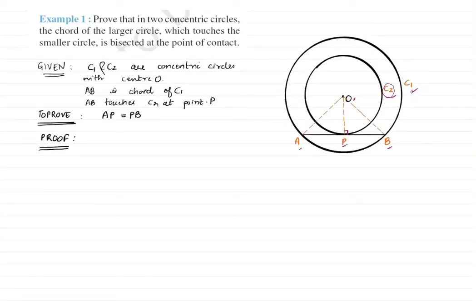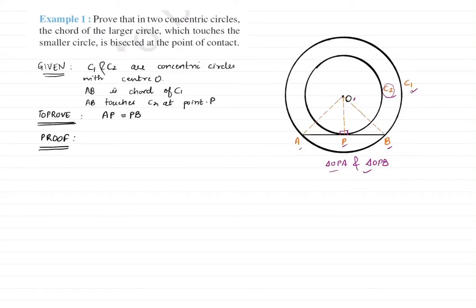Okay, right? So, by joining OA, OP and OB, we already have two triangles, triangle OPA and triangle OPB, right? Since OP is perpendicular to AB, now these triangles are right angle triangles, right? Now we have to prove that AP is equal to BP. If somehow we can prove that these two triangles are congruent to each other, then we can say that AP is equal to PB by CPCT.